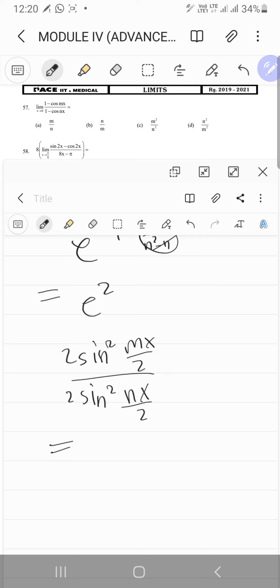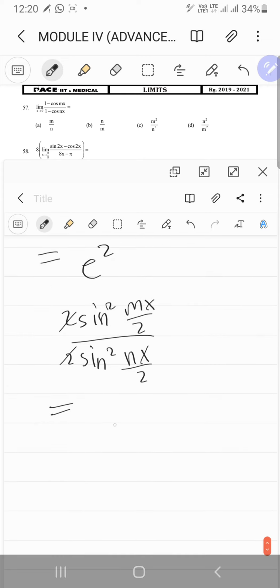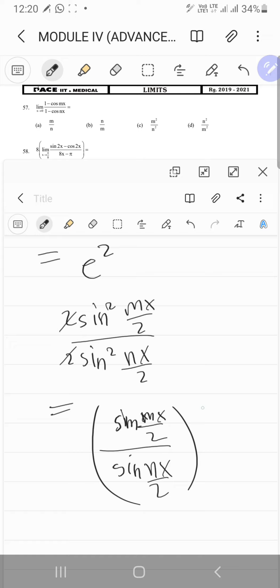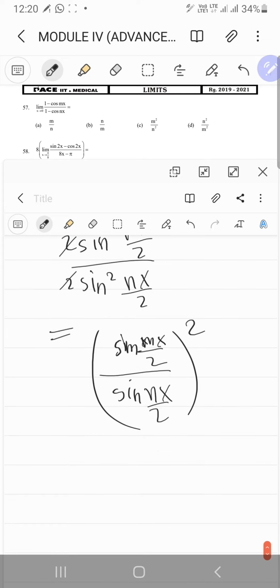So the 2 gets cancelled, so you just have sine mx by 2 on sine nx by 2, to the power of 2, and then we can use the small angle approximation on this to get m by n squared as the answer. Doable. Next question.